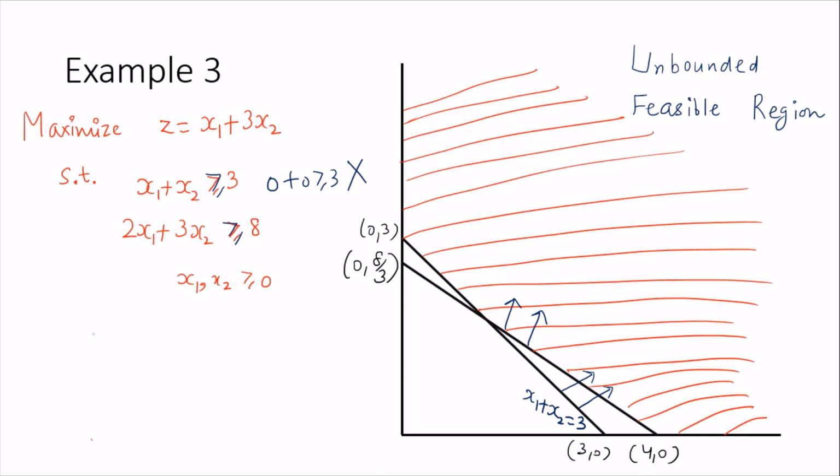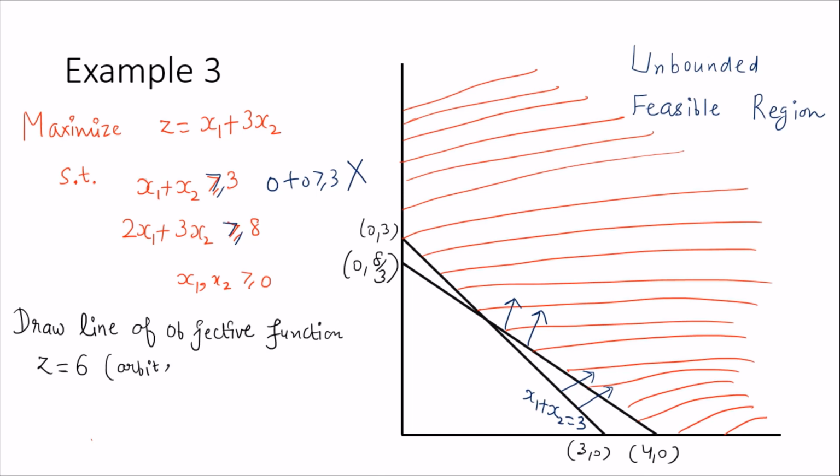So we really cannot do it in exactly the same way as we did for bounded. Here we have to apply a new technique, and that involves drawing the line of the objective function. This technique you can also use for bounded, but unbounded feasible region questions have to be done by this technique.